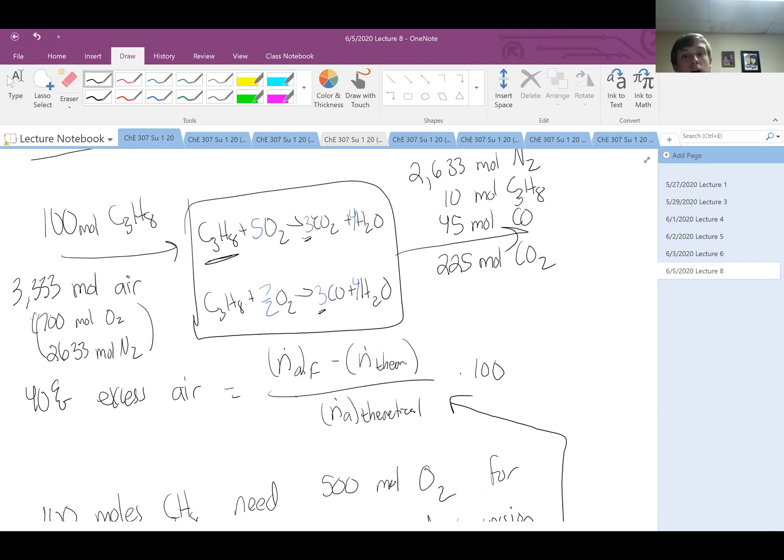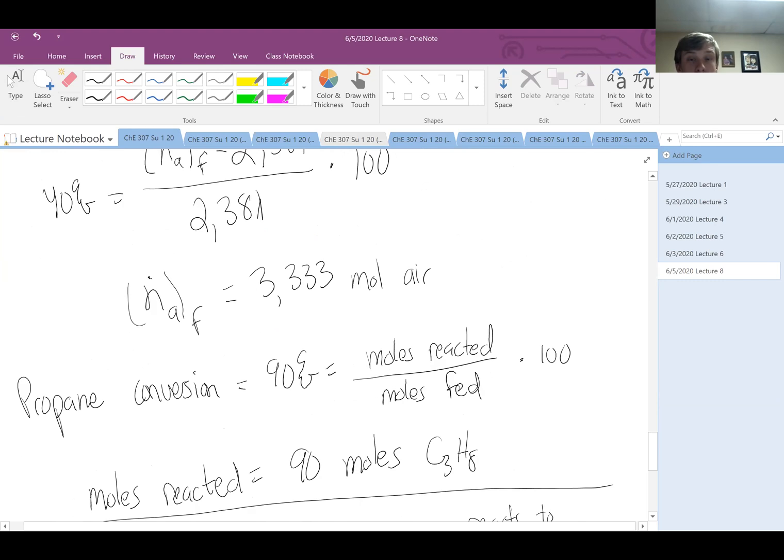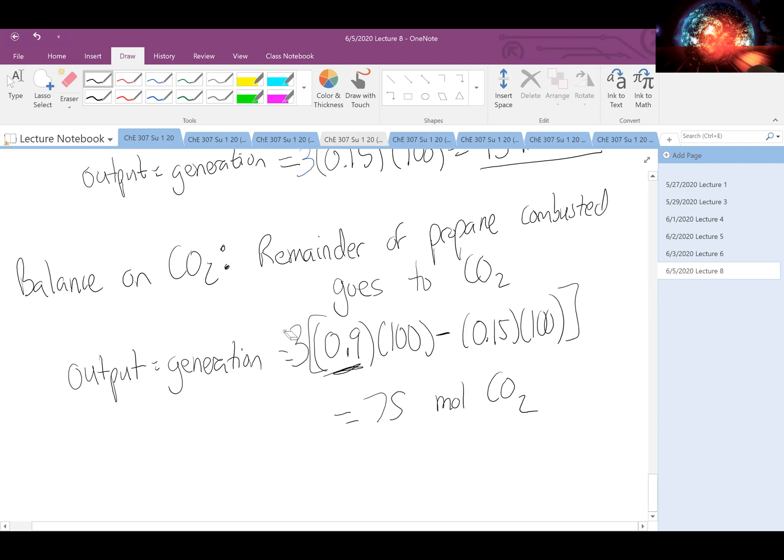No, sir. So I thought only 90% of the propane was reacting. So 10 moles is coming out. So would it be 90 times 100 minus the 0.15 times the stoichiometry, which is 3, which should give me 225 moles.